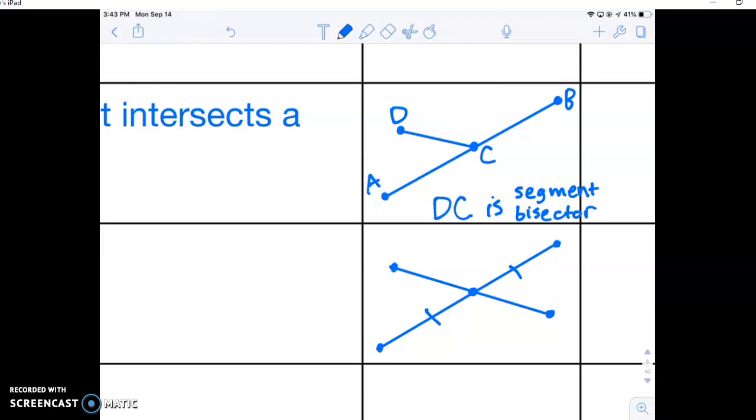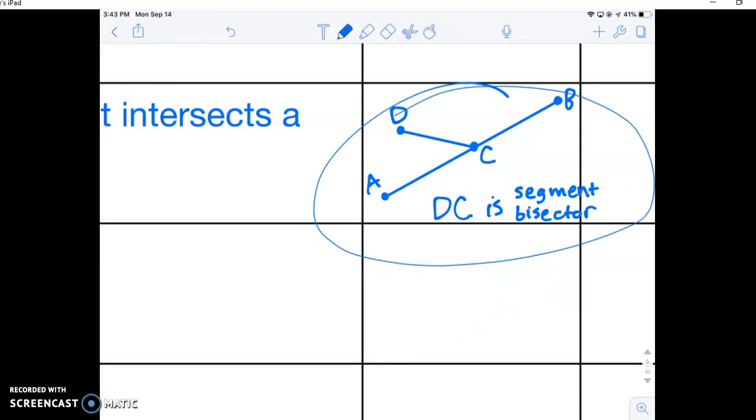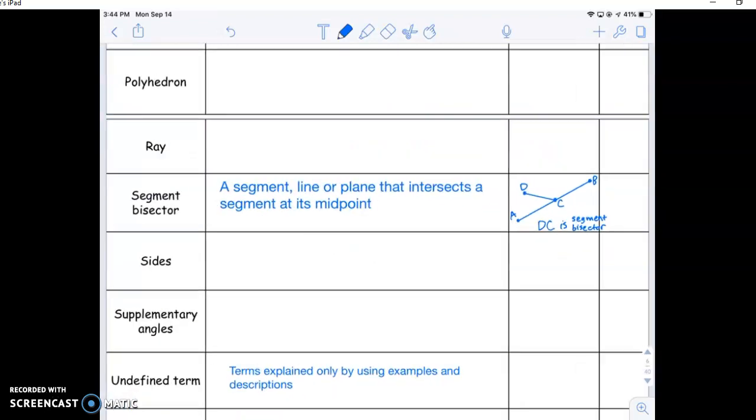This segment here cut this one into two equal parts. In this case, the one that I drew right here, DC, or this line, will be the segment bisector between A and B. Alright, so that's vocab words.